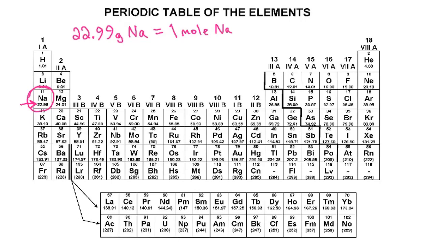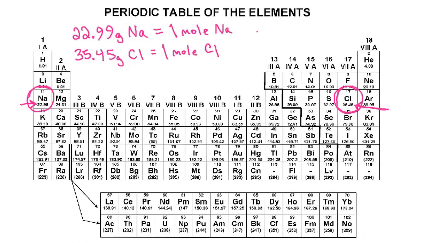And if you look on your right on the periodic table, here's chlorine, and chlorine's atomic mass unit is 35.45. So 35.45 grams of chlorine is going to equal 1 mole of chlorine.